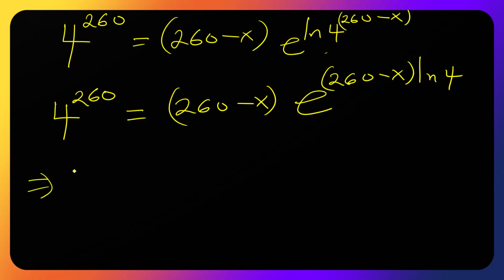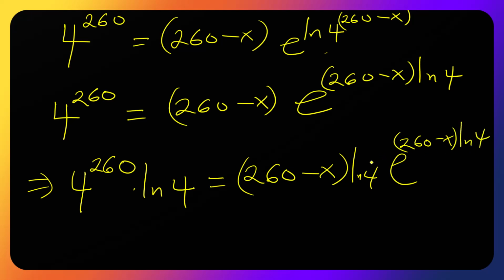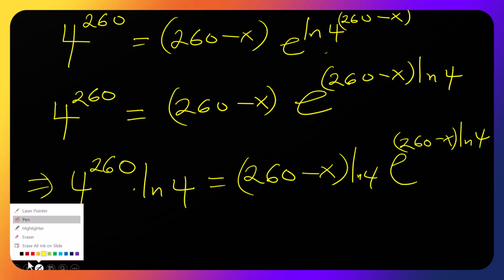So we have 4 raised to 260 times ln of 4 equals ln of 4 times this. That will be 260 minus x ln of 4, and we have e raised to 260 minus x times ln of 4. Remember, our target is achieved here, so we can take the W function from here.